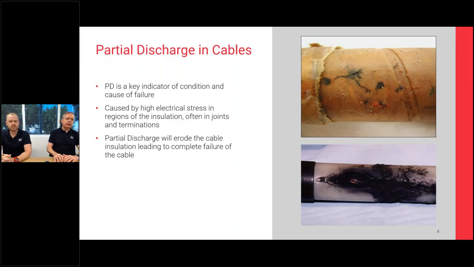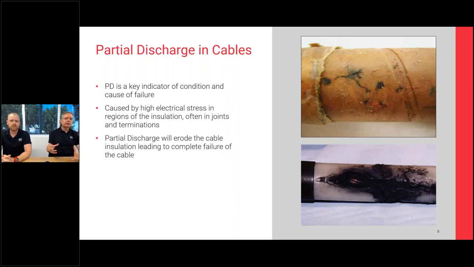When we start moving on to XLPE cable, again, we can get partial discharge occurring. Once you get any length of electrical trees in the XLPE itself, that will accelerate away to failure very, very quickly.